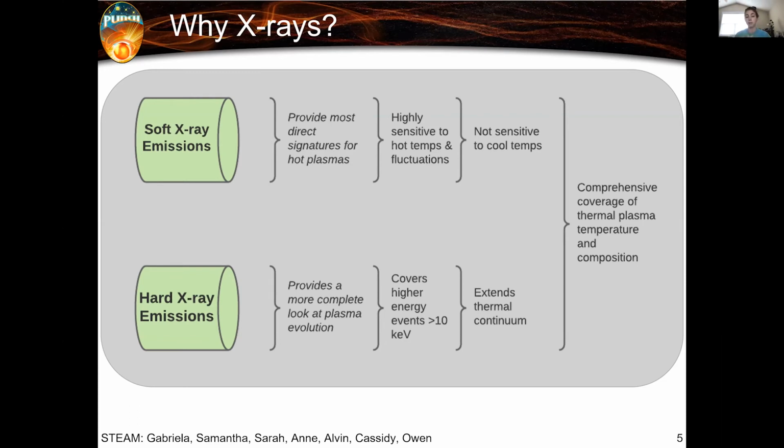STEAM will also be measuring hard X-rays, and this will extend our thermal continuum to cover higher energy bands over 10 keV. Hard X-rays assist in providing a more complete picture of the plasma evolution. By using both soft and hard X-rays in conjunction, we will gain a more comprehensive understanding of coronal plasma's temperature and composition.